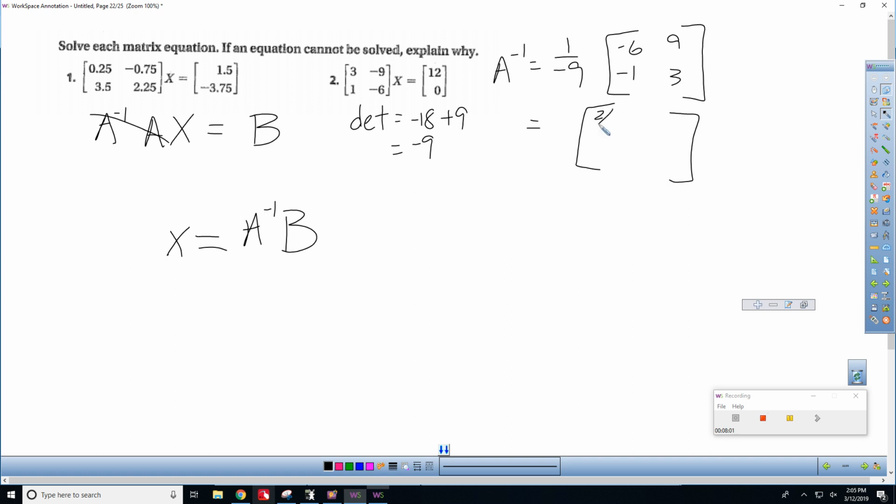That's a positive 2/3. -1 over -9 is a positive 1/9. 9 divided by -9 is -1, and a -1/3. That is A inverse. How do I find X? X is equal to, it's a 3 there.